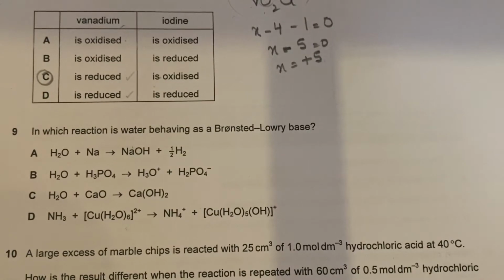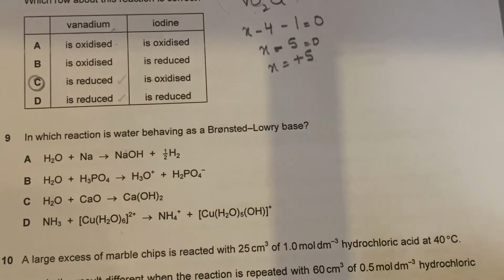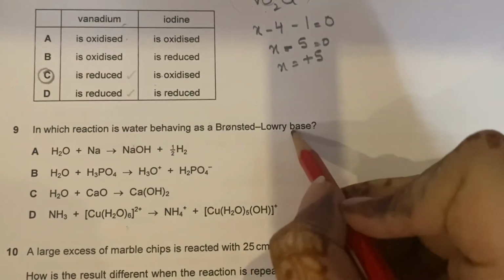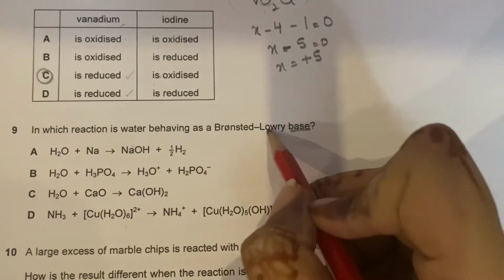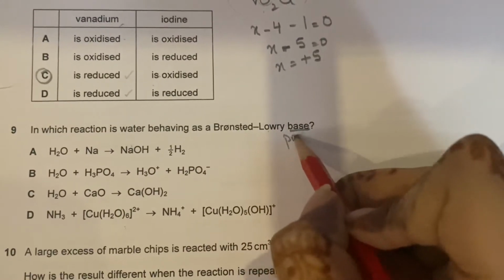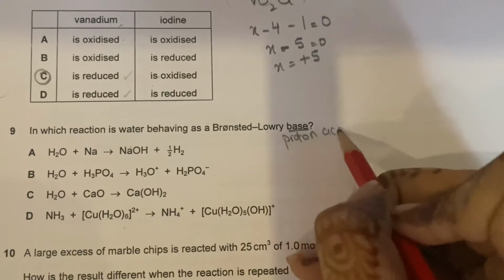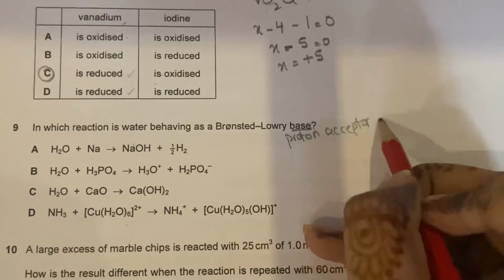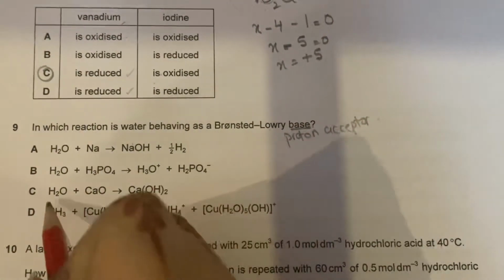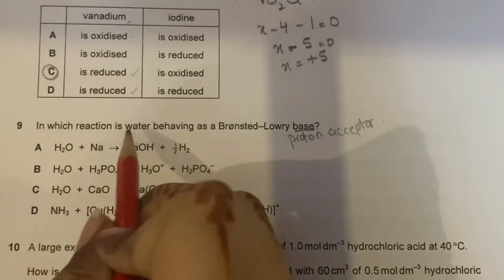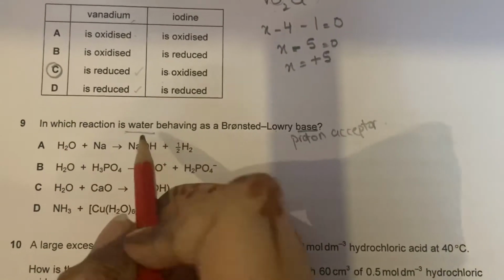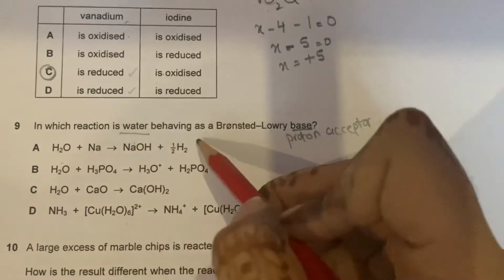In which reaction is water behaving as a Bronsted-Lowry base? So what is a Bronsted-Lowry base? Proton acceptor. Alright, now let's see. Water is behaving, so water is accepting a proton, H2O.